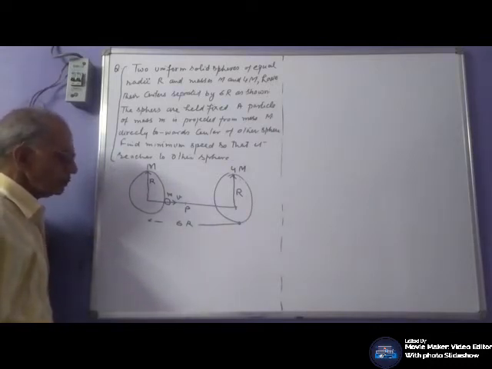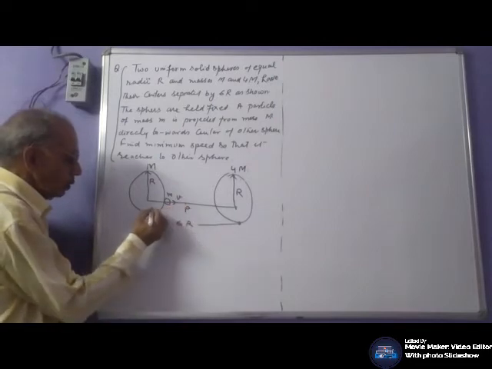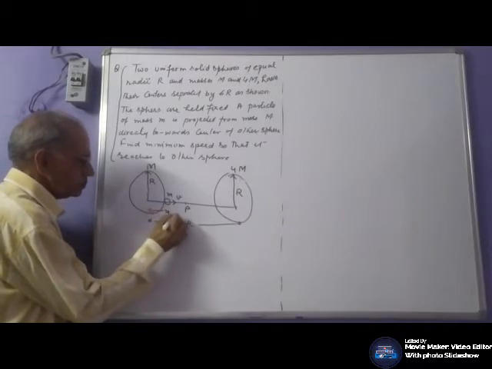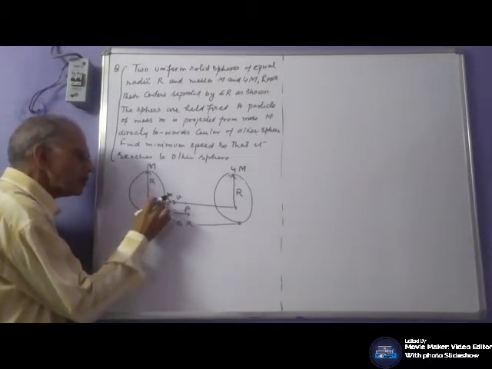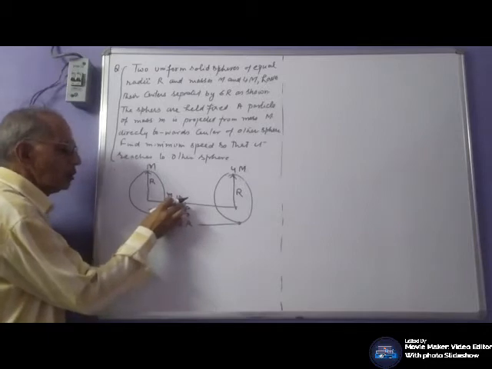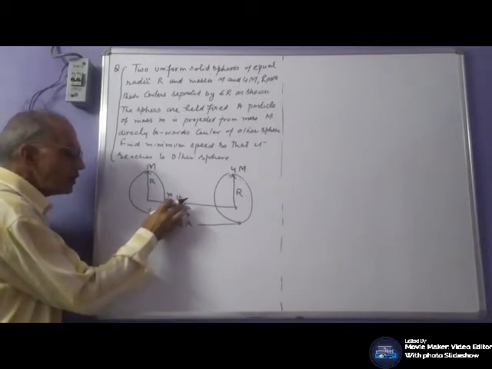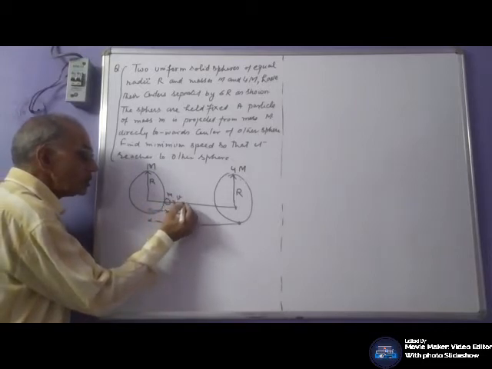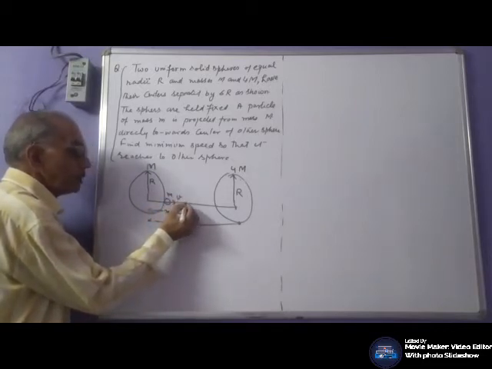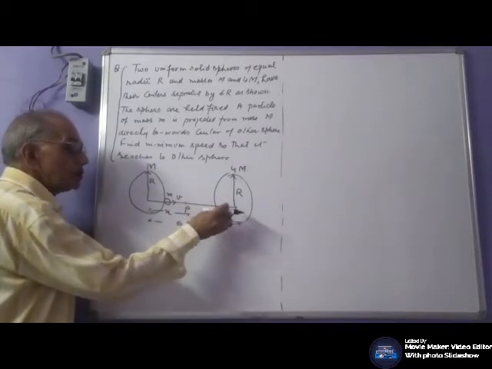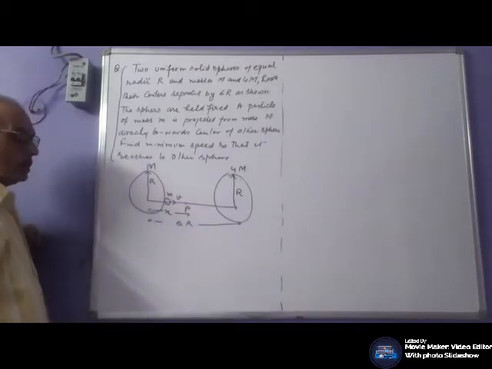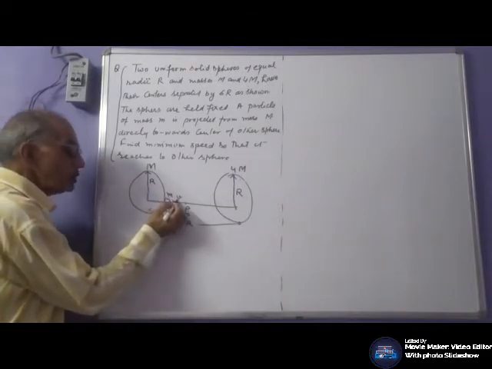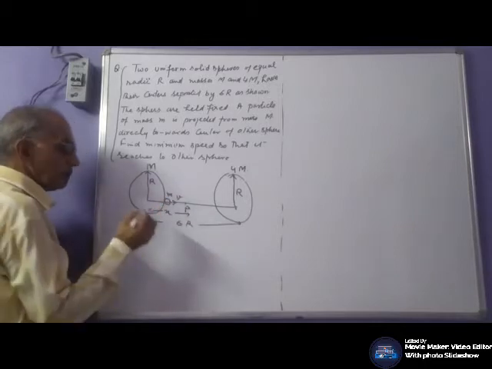How to do it? Let this be the neutral point. If the particle reaches here only, then as it has velocity, it crosses the point P. Now this sphere will attract it. So this velocity should be only enough to reach the particle here.